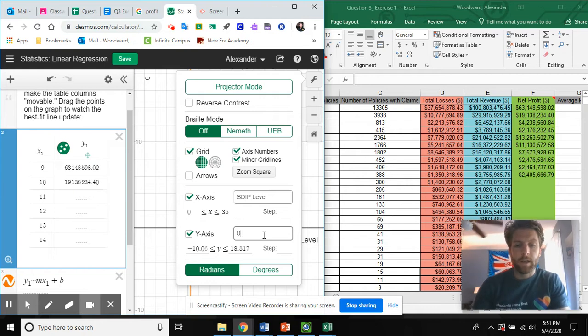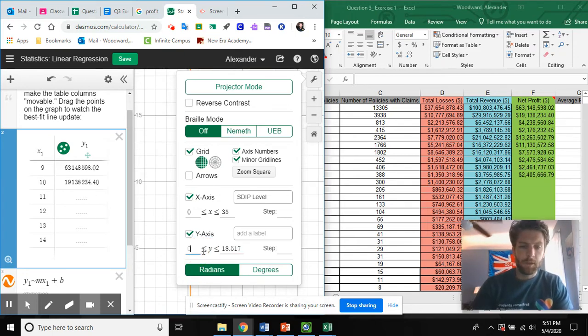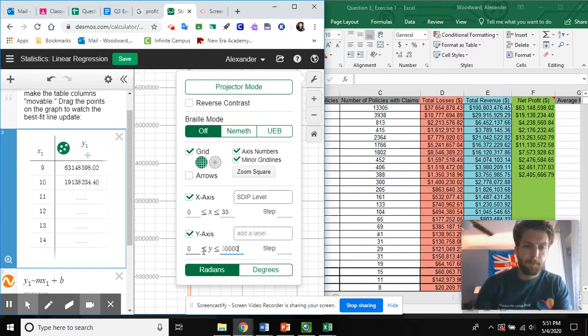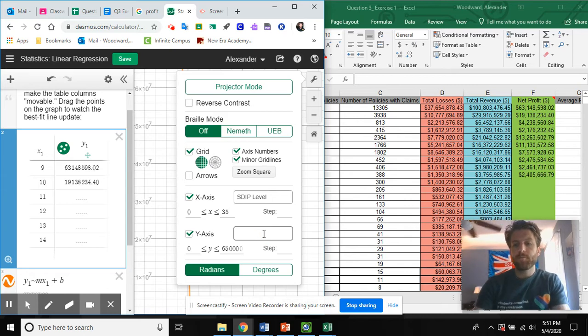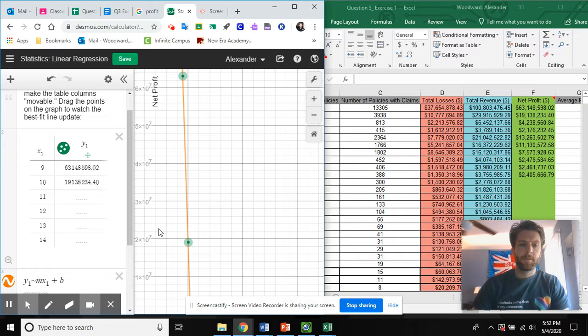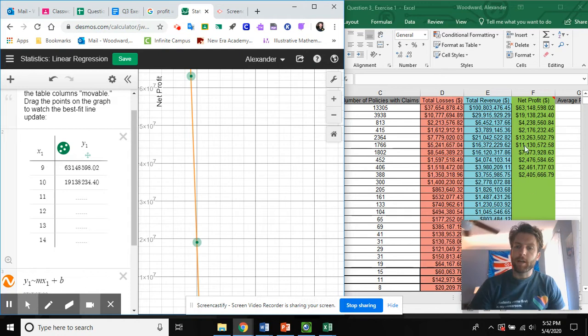And then for Y, I'm going to go 0 to 65 million. And that is my net profit. Okay. I chose 65 million because it's an even number. It's higher than my max value, so it'll show up on the graph. And then you'll have to screenshot it when you're done plotting all of those.